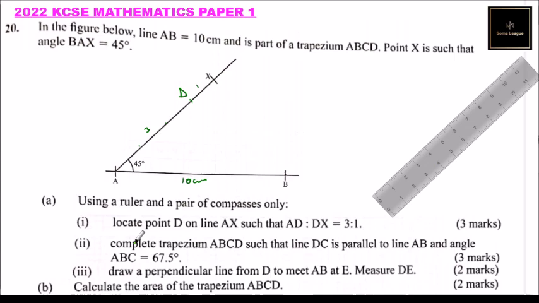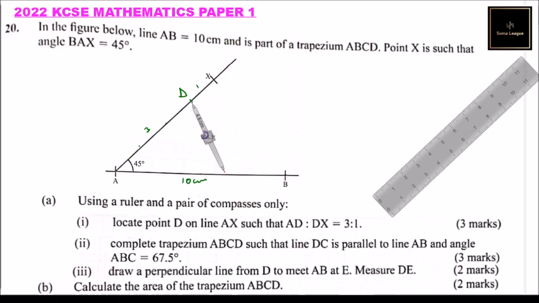Now complete trapezium ABCD such that line DC is parallel to AB. Line DC, so we have C somewhere here. To be able to do that, we can drop a perpendicular line here, which is going to help us locate a point.